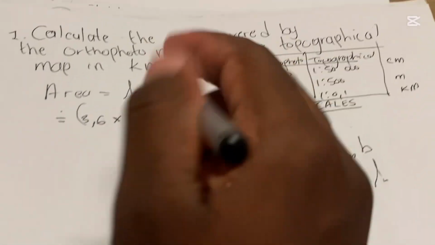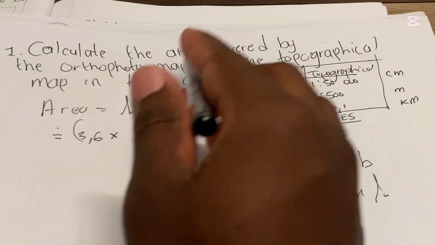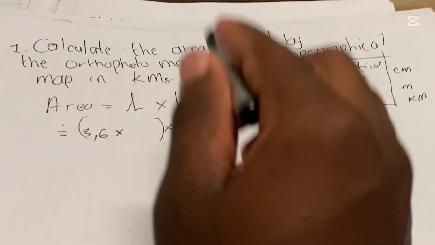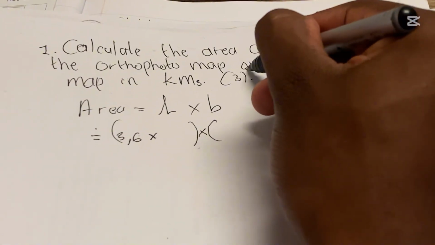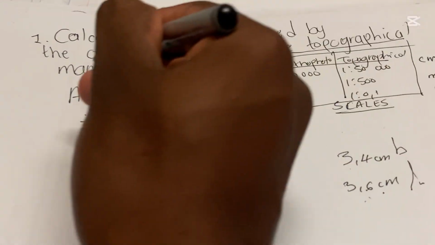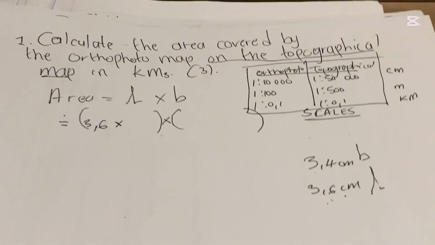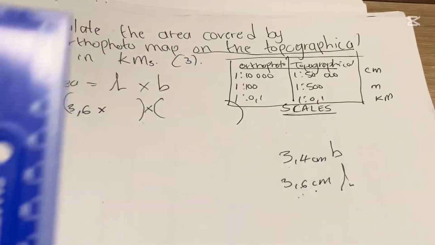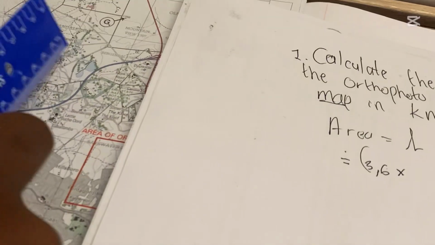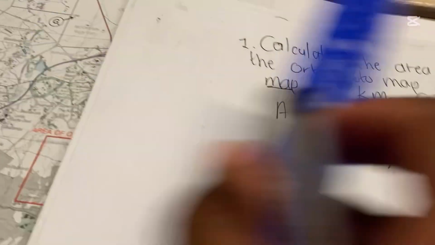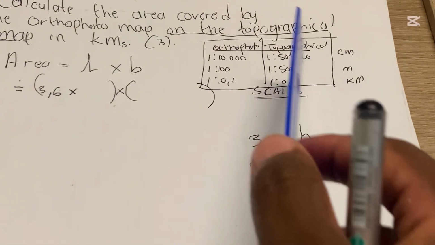Okay, let's go back to the question. The question says calculate the area covered by the orthophoto map on the topographical map. So we are working on the topographical map. When we used our ruler, we measured on the topographical map. So we need to use the scales of the topographical map.